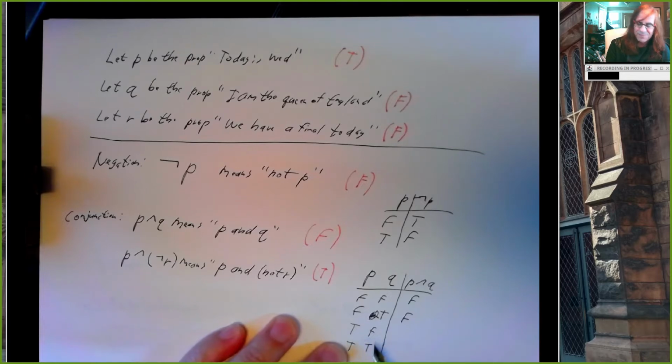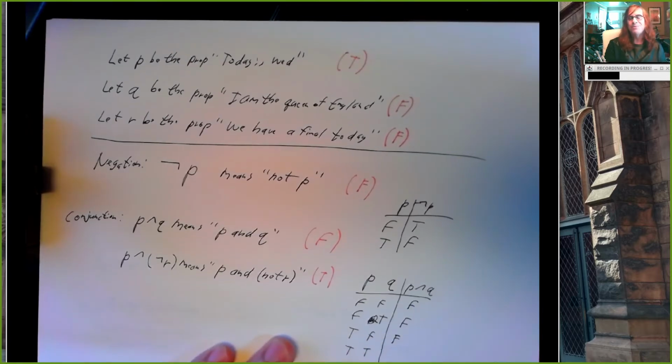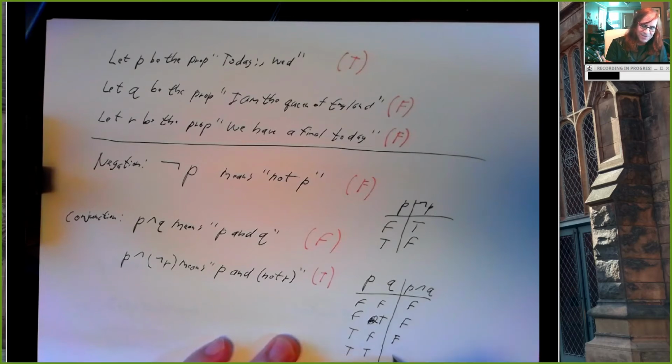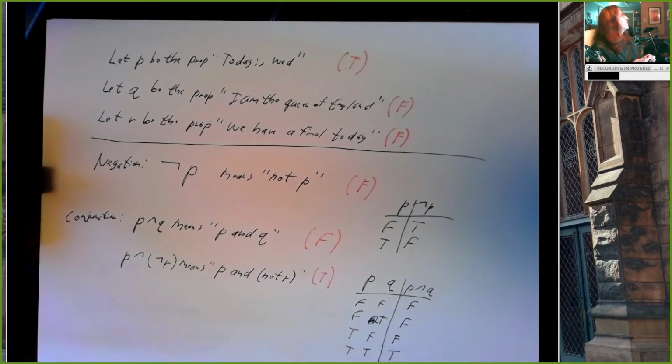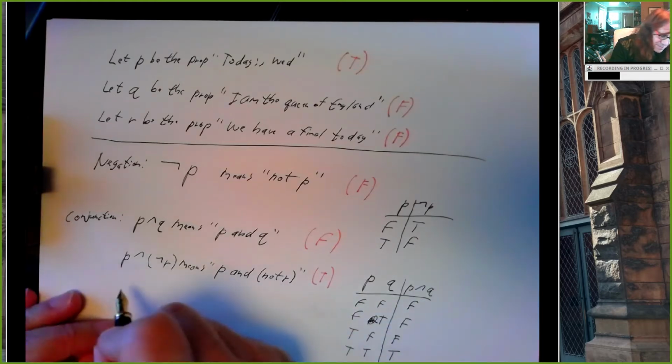And if my first statement's true and my second one is false, that's going to be false. But if both statements happen to be true, today is Wednesday and it's light outside, right? That and is going to be true. So there's a truth table for conjunction. And the symbol is the caret.